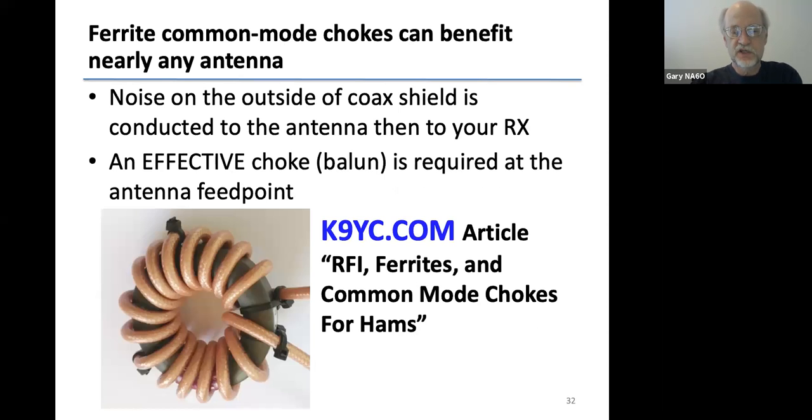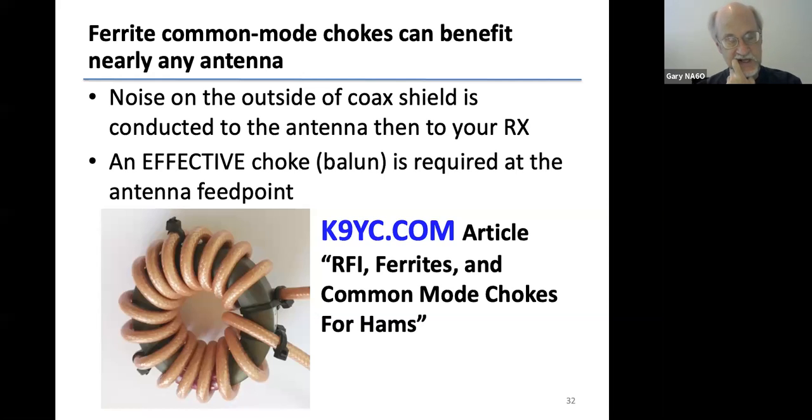So these common mode chokes can benefit nearly any antenna. They can be optimized, or should be optimized, for the bands of interest. So what's happening is noise is picked up on the outside of the coax shield. So whether you know it or not, your coax actually has three conductors. It has a center conductor and the inside of the shield. That's where the power is normally transferred. And then there's the outside of the shield.